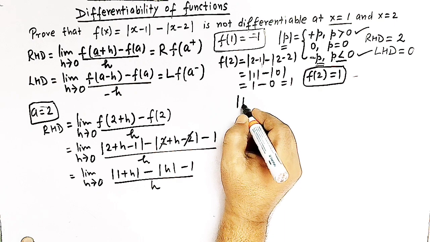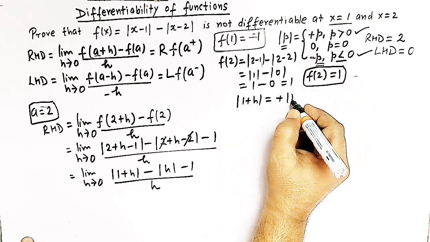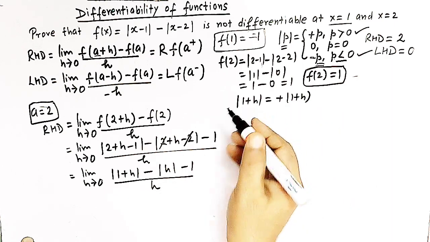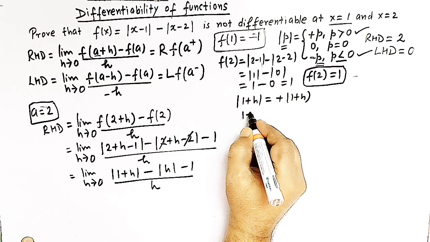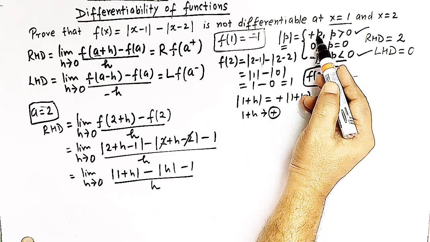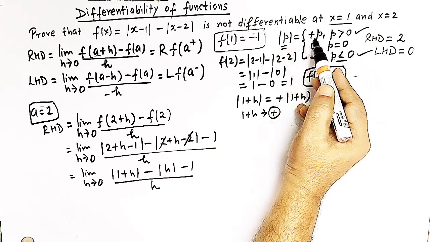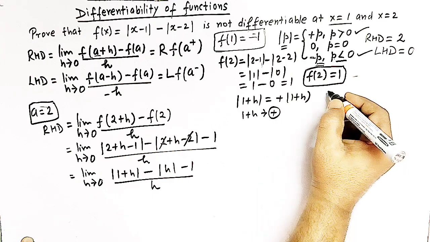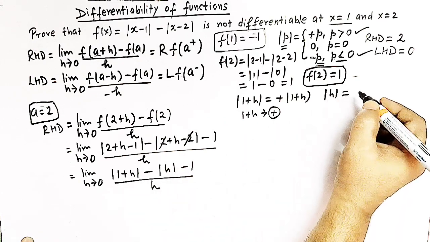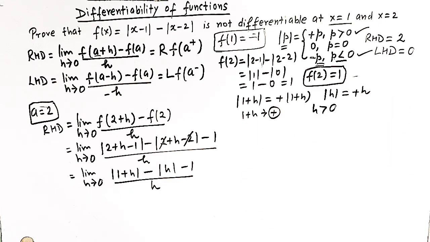So mod of 1 plus h is simply equal to positive 1 plus h, because h is a positive quantity, 1 is also a positive quantity, so 1 plus h is always going to be positive, right? And due to this definition, when p is positive, p is greater than 0, mod of p is equal to a positive p. And similar is the case with mod h, and mod h is equal to a positive h, because h is a positive quantity, right?